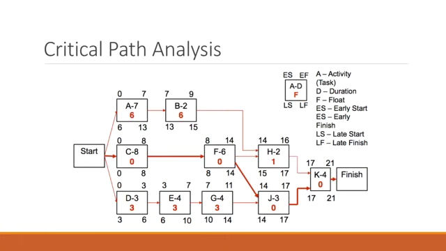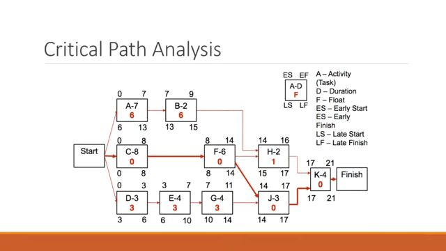What I mean by that is that if you look at the path that is highlighted in red, the first activity is C, that is going to take 8 days. The next activity will be F, and F at this point is taking 6 days. The next activity after that is J, that is taking 3, and K is taking 4.